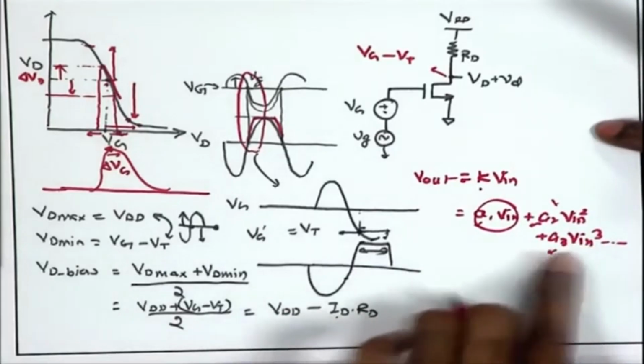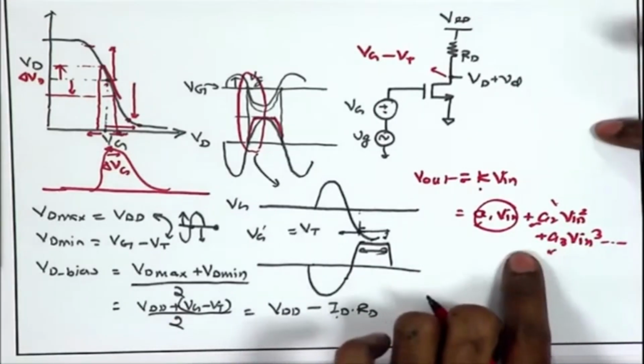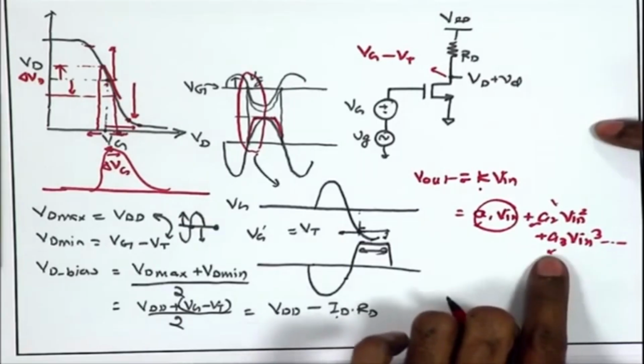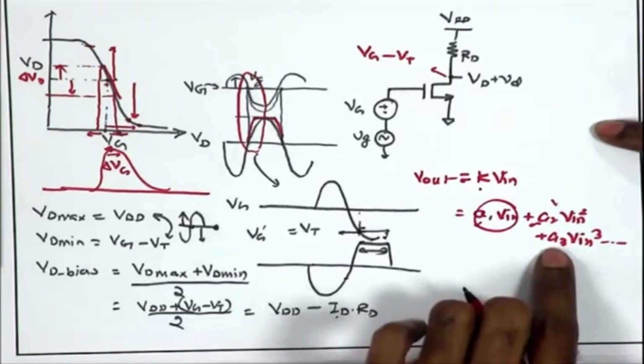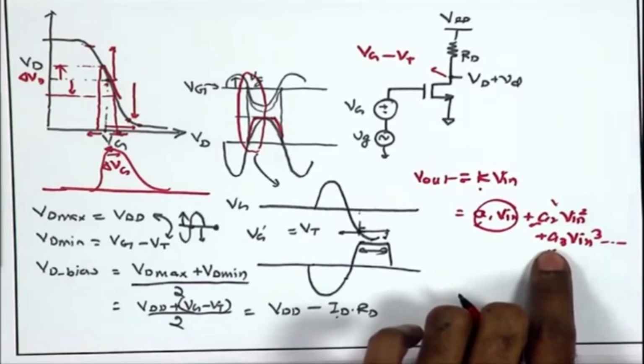So, this concept of harmonic distortion becomes very important when we are talking about high resolution signal processing. So, definitely we will come back to this concept of non-linearity and harmonic distortion when we approach our discussion on the front end amplifier and ADC.